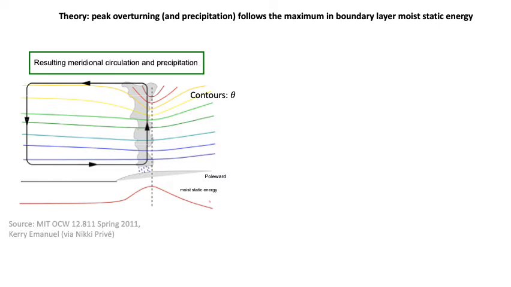The dashed line shows a particular latitude. You can see below all of this there's a straight black line, and that's the ocean, and then there's land. The red line at the bottom is the profile of moist static energy versus latitude. It starts off lower over the ocean, then is enhanced over land, and then decreases as you go further inland to higher latitudes where it gets colder and drier.